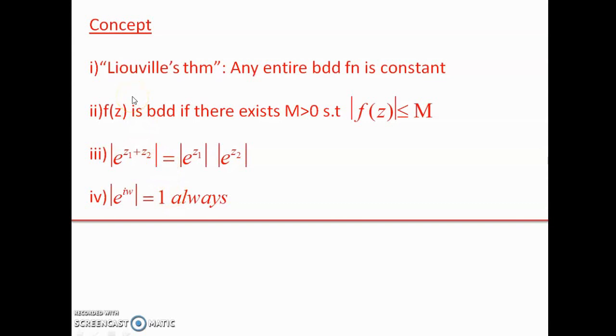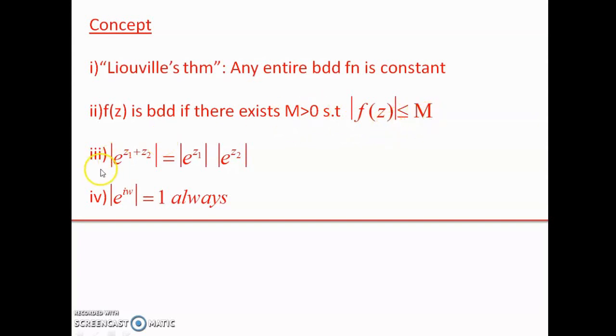Now we'll see what Liouville's theorem is. It states that any entire bounded function is constant. Now we'll see what a bounded function is in complex analysis. f of z is bounded if there exists a positive m, that is m greater than 0, such that modulus f of z is less than or equal to m for every z.